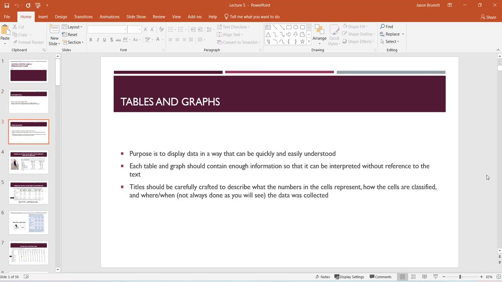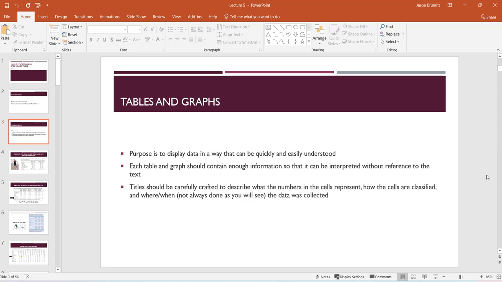Lots of tables and graphs. The purpose is to display data in a way that can be quickly and easily understood. Because the data is so dense, having a table or graph really brings things to life in a way that makes it quickly absorbed or quickly understood.